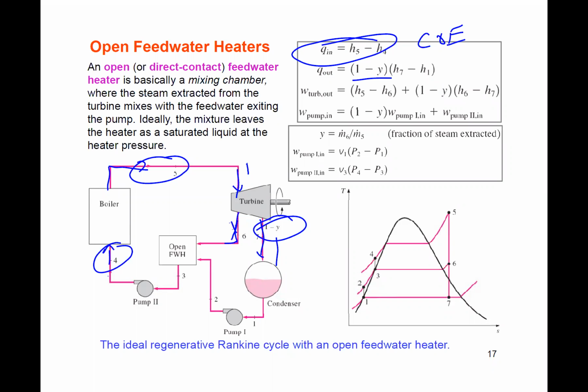Work out of the turbine, same thing. You have 1 going from here to here, so the total mass goes across that change in enthalpy, but then we have 1 minus Y going across that remaining enthalpy change.